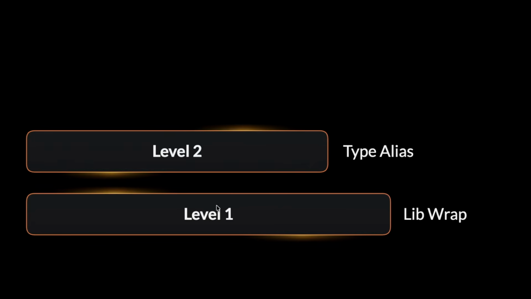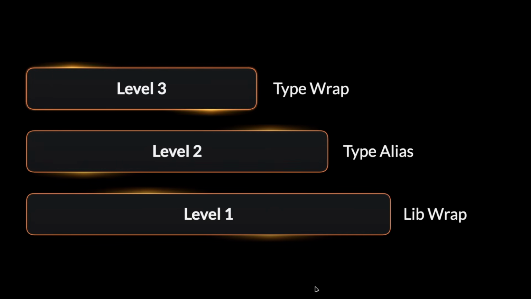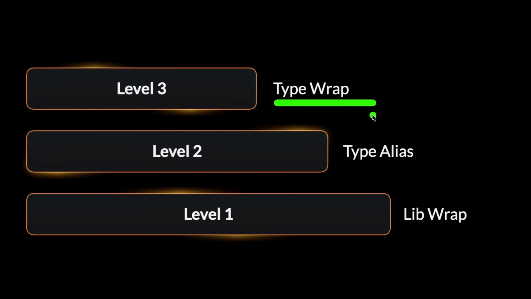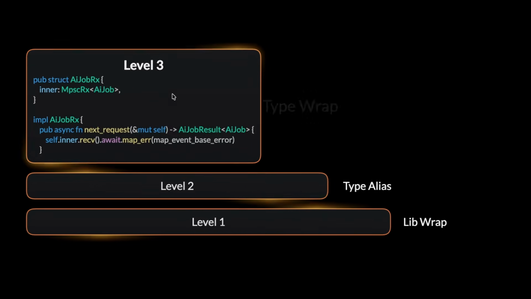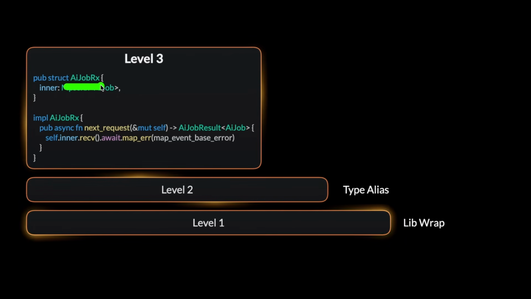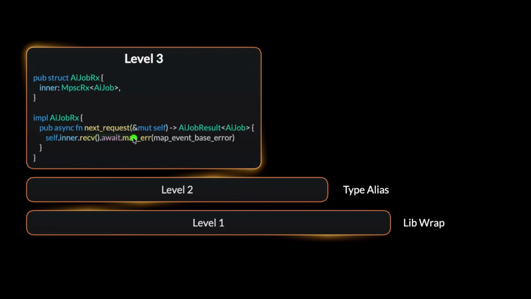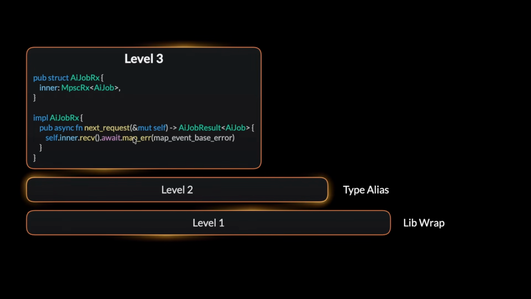Now, the third level that we have is the type wrap. Now I wrap my own type. And so that means that, for example, I have an AI job RX, and I have my own function here, in this case a next request. And this is useful sometimes when I want to have a domain API for a construct. Sometimes it might not even be RX, might be Q or something else.